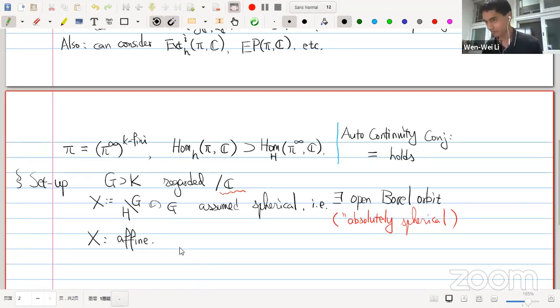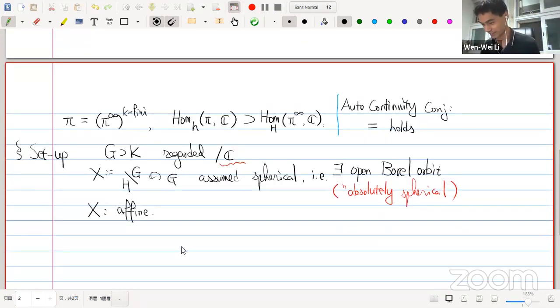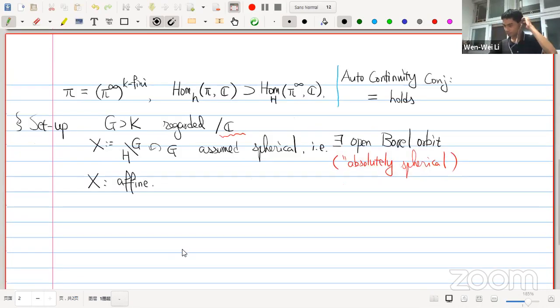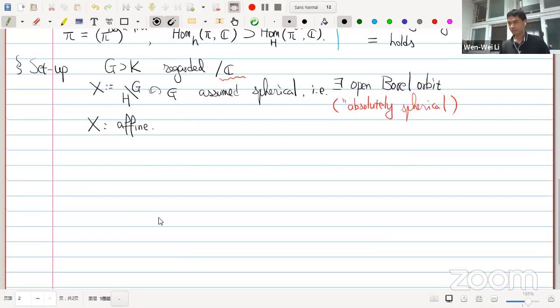Maybe something will work for quasi-affine X. I'm not sure. So let me fix the base point, which is just the identity coset, so that the stabilizer is just H.